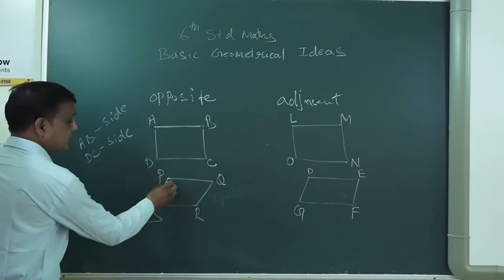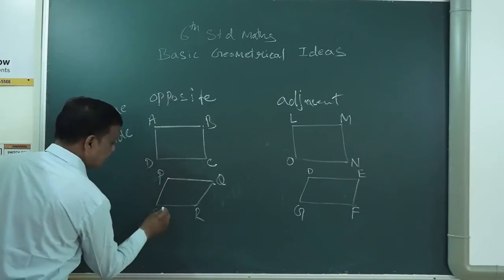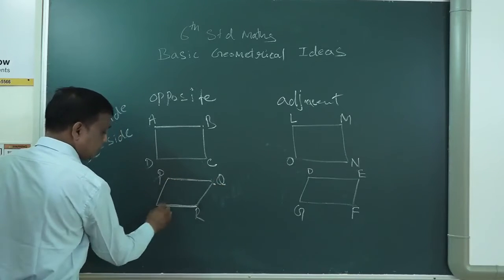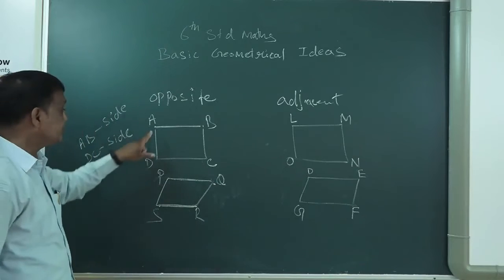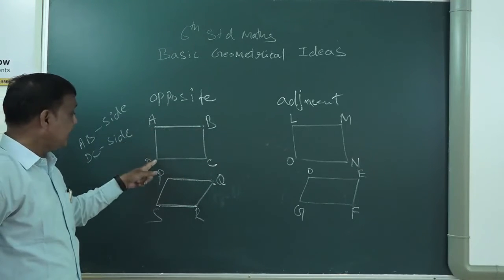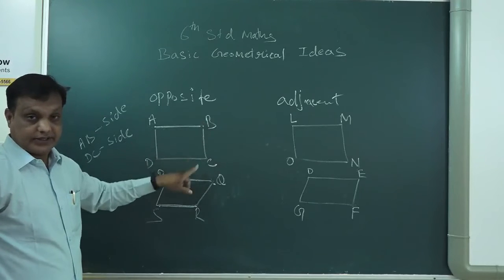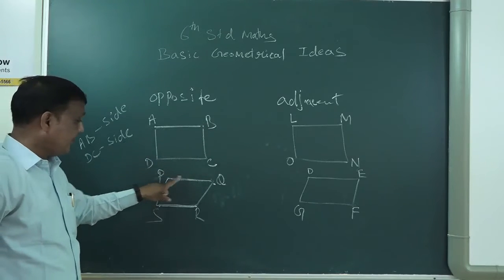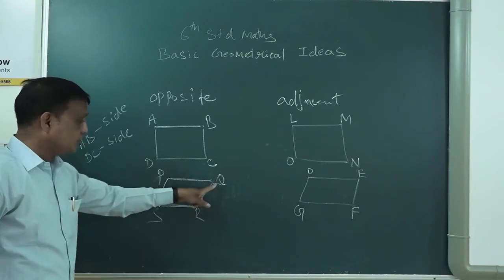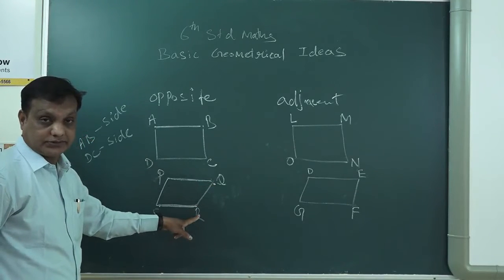Here what is opposite? PQ is opposite to SR. Please just pay attention. AB opposite to DC and AD opposite to BC. Now here which are the opposite? PQ opposite to SR and PS opposite to QR.